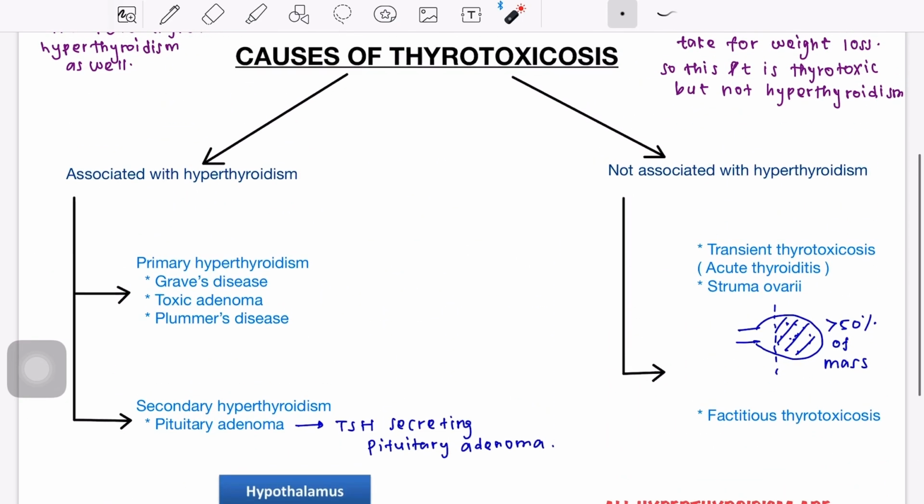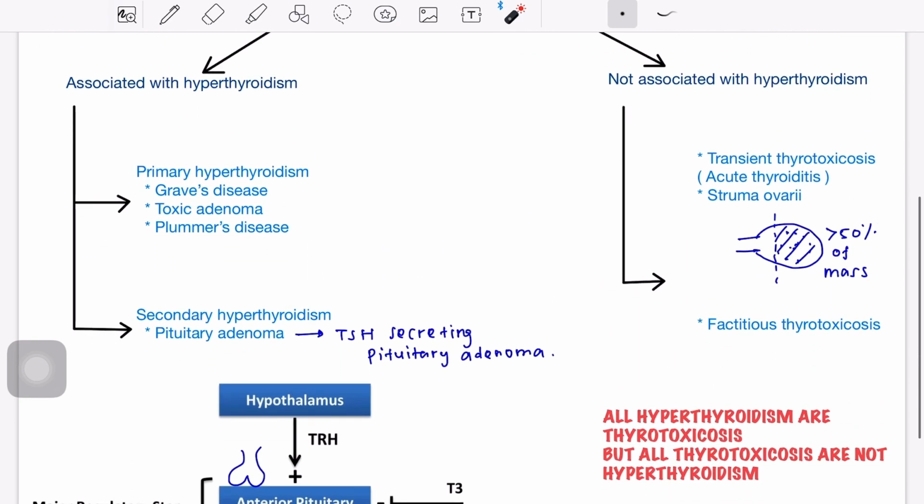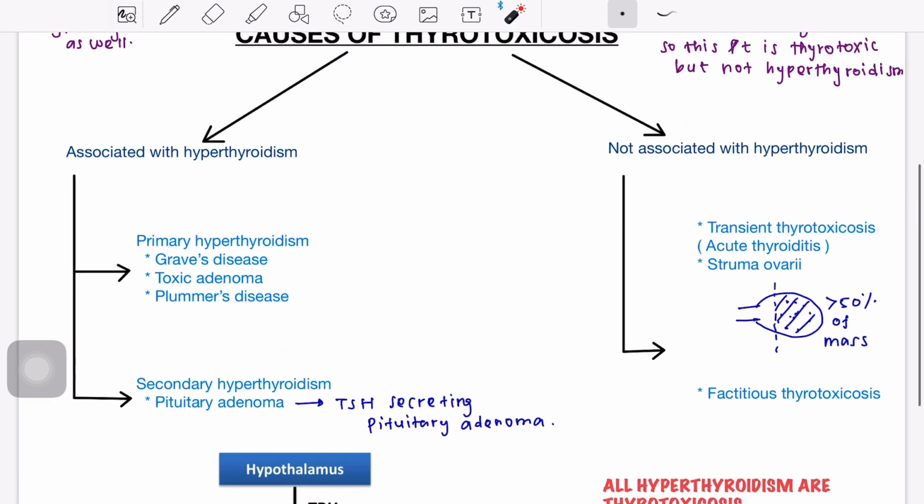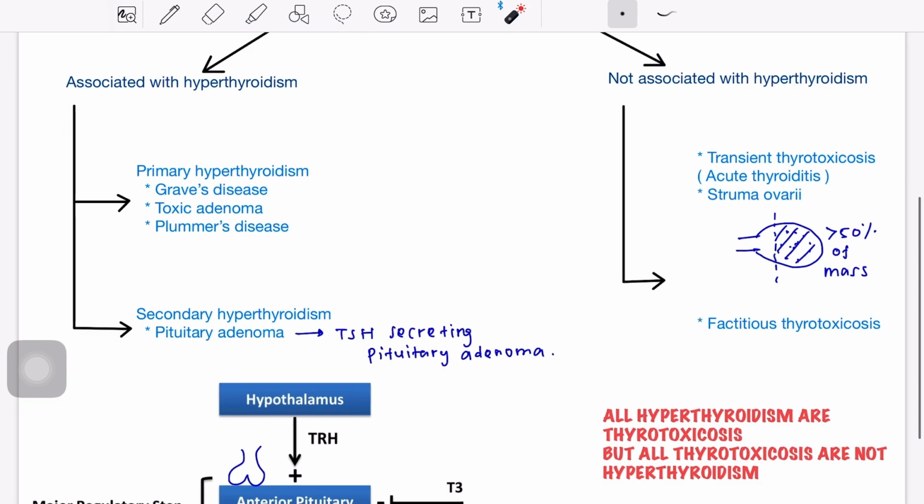So these are the causes of thyrotoxicosis associated with hyperthyroidism. And the other group is thyrotoxicosis not associated with hyperthyroidism. For that we can say transient thyrotoxicosis, like acute thyroiditis. In acute thyroiditis, in the acute phase the thyroid hormone level is suddenly increased, and later the thyroid hormone level will be lower.